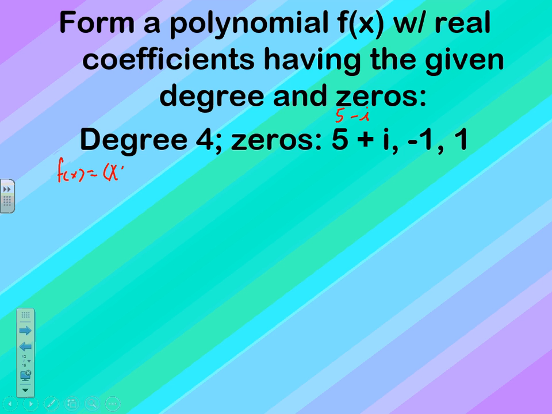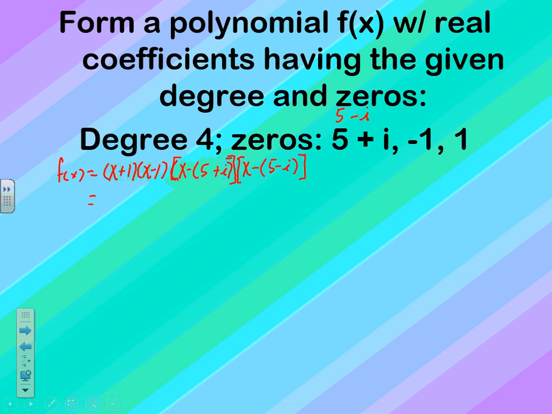So we're going to get x plus 1 and x minus 1 as the 2 real factors. And then the complex factors, I'm going to write the one that they gave us first, x minus 5 plus i, and its conjugate pair, x minus 5 minus i.